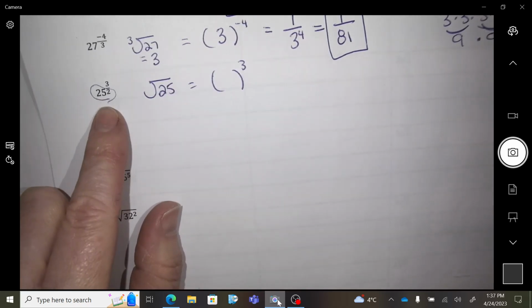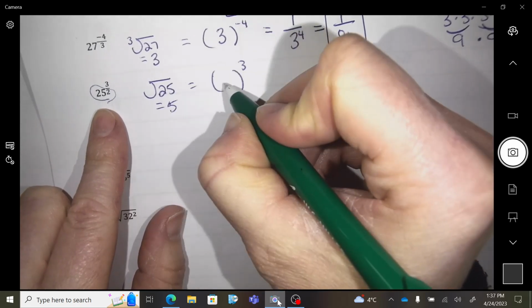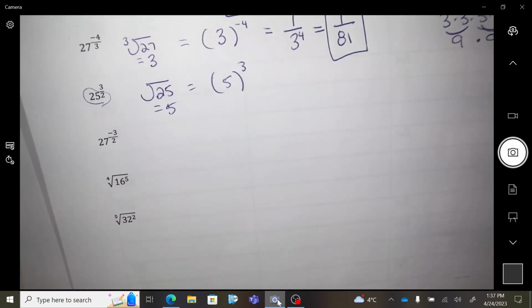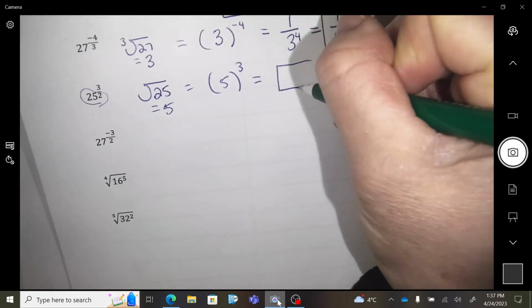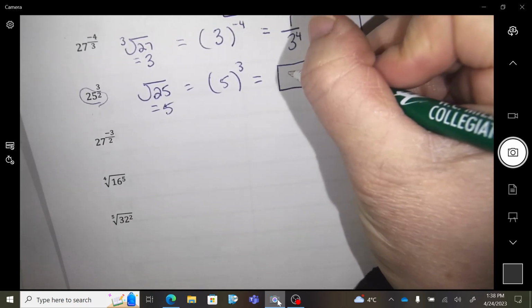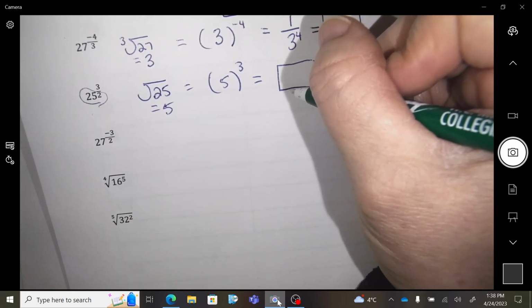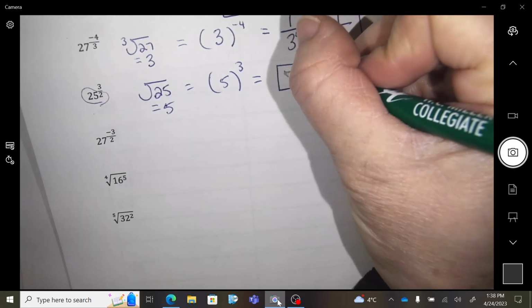So I'm doing the square root of 25, which is 5. 5 cubed, and again, I'm expecting you to do this without a calculator. Cubing. 25 times 5. So think about money. 5 quarters.